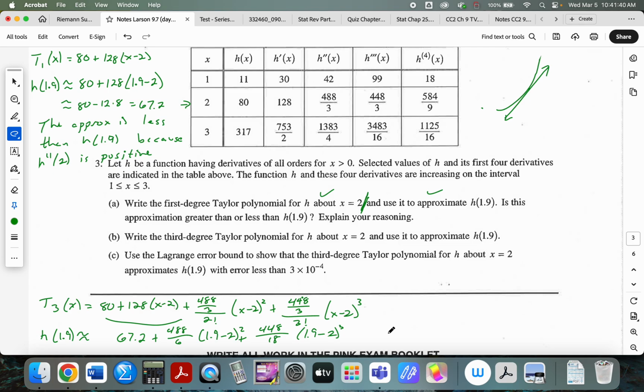And I'm not so curious about it that I care to bother finding that value. All that is stuff that we did the other day with Taylor polynomials.